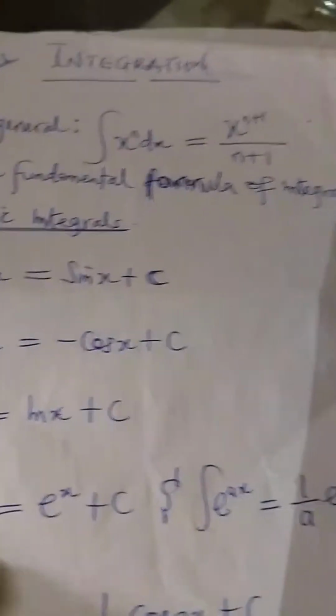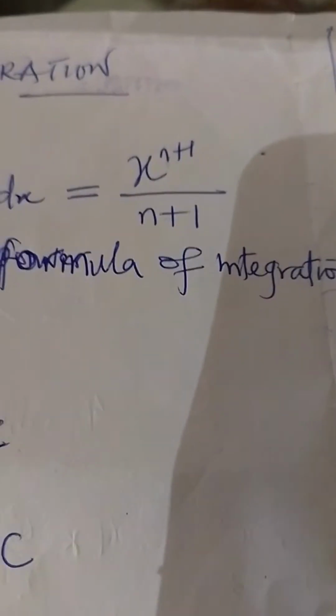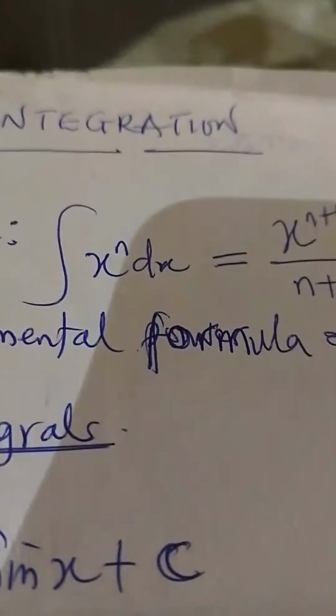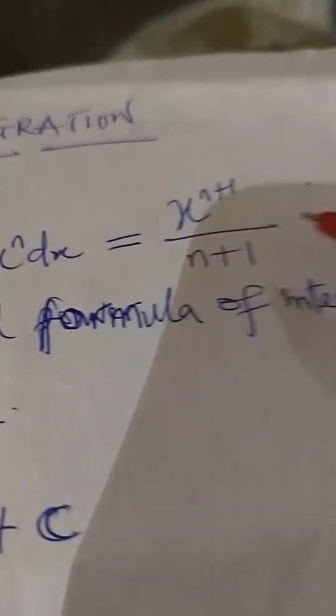Sorry. So if you want to solve that, we are going to use this approach. You add 1 to that n, this n, add 1 to it. So can you see?